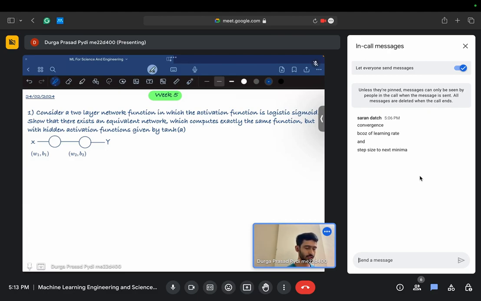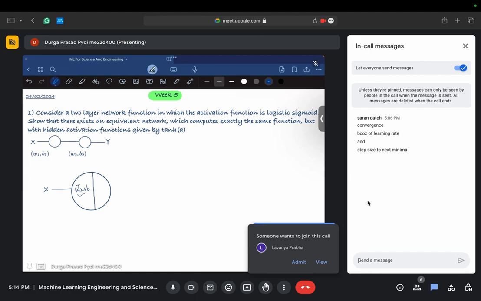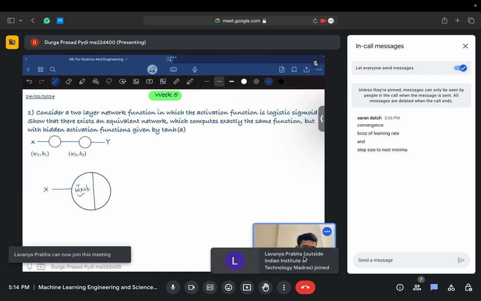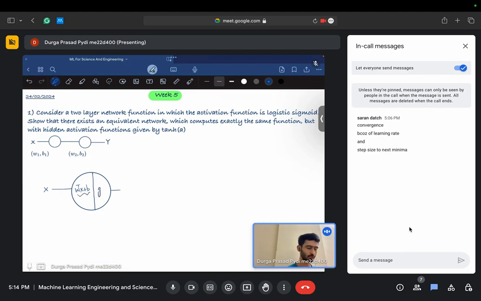You have an input, and then you have some linear combination of it, so you do some transformation on it, and then you apply a nonlinear activation to it, and then you get some output of the neuron. This is one neuron inside your neural network.